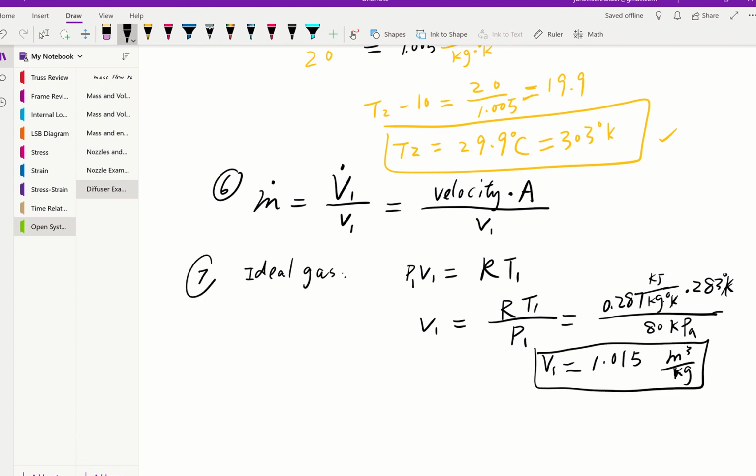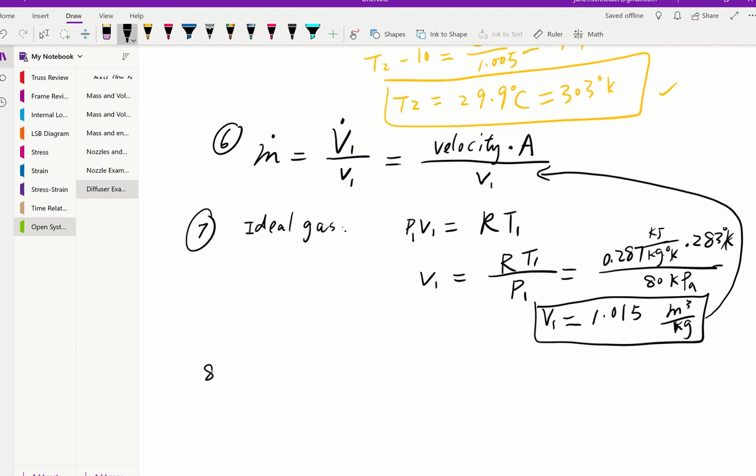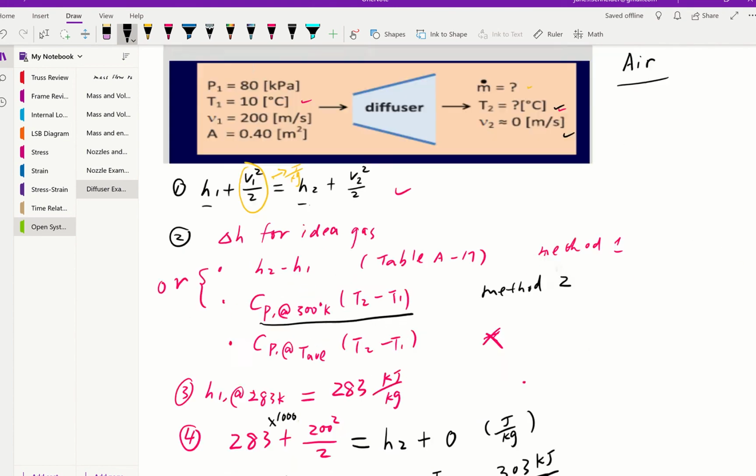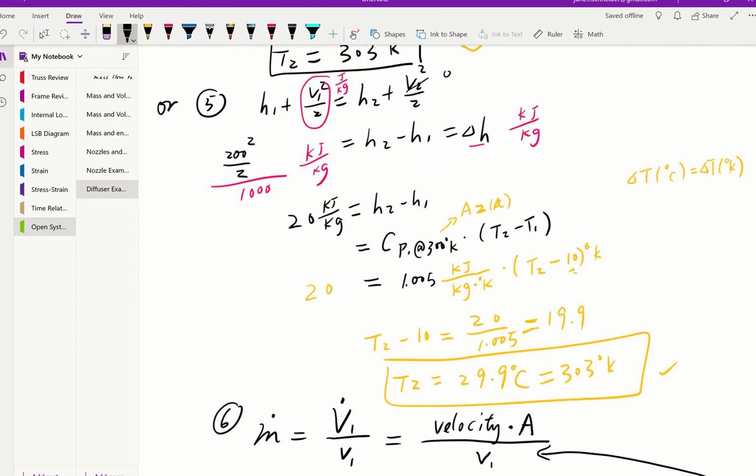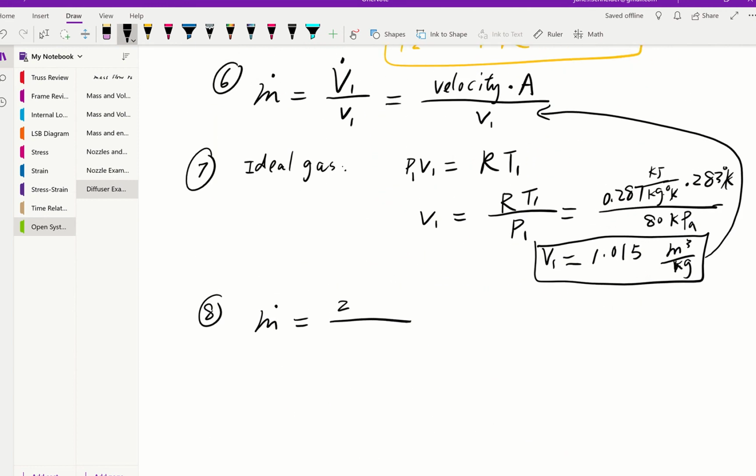we'll go back to put into our equation 6 here for mass flow rate. So mass flow rate is going to be equal to velocity. We do know velocity for this problem is 200 meters per second. We also know cross-section area. So velocity 200 meters per second, then times 0.4 meters squared for cross-section area, then divide by specific volume.